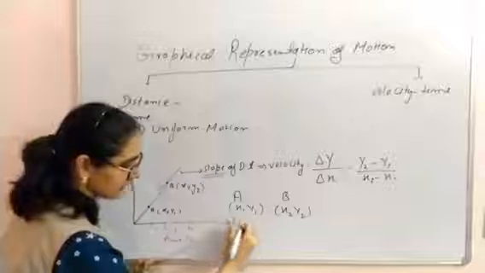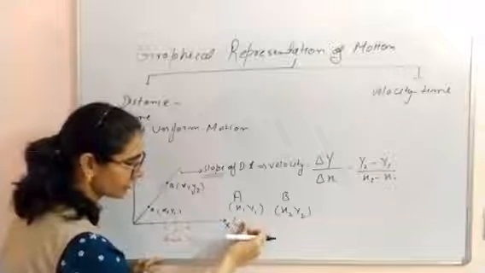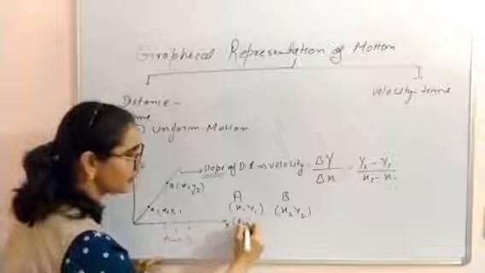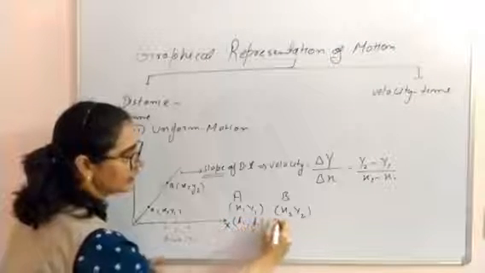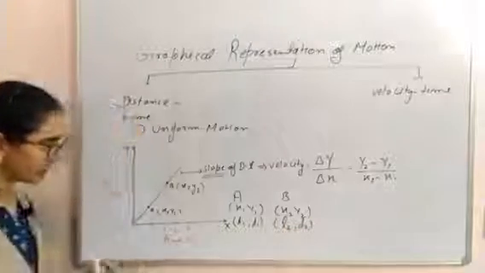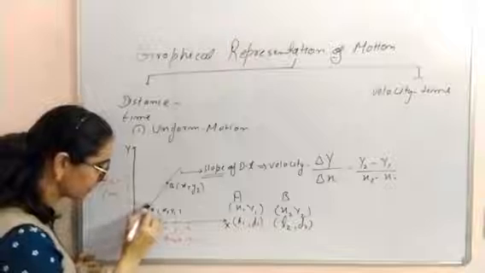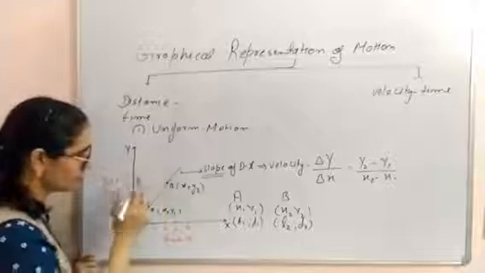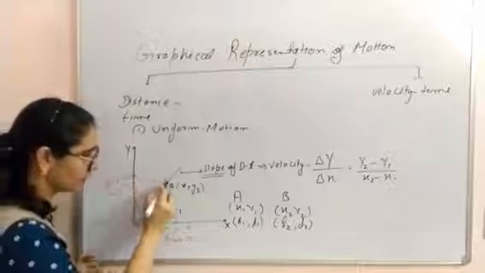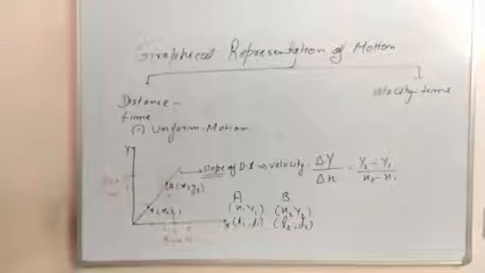So I can write x as t1 and y as d1, and here I can write t2 and d2. Now I'm taking some random values over here. You may get any value from your paper.